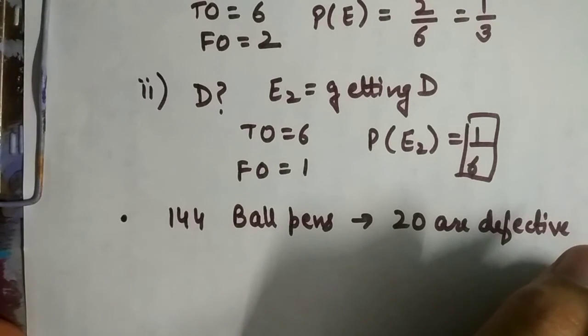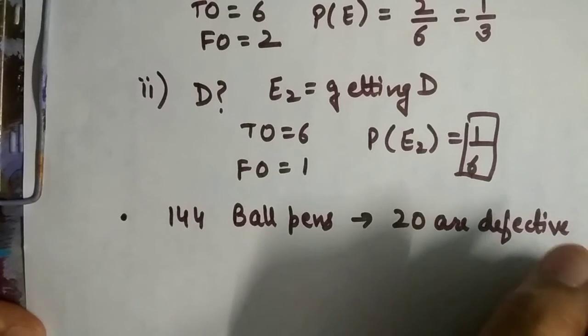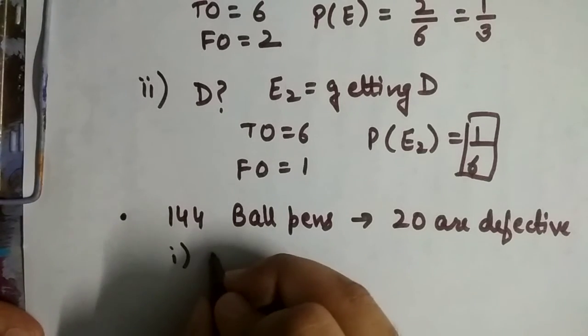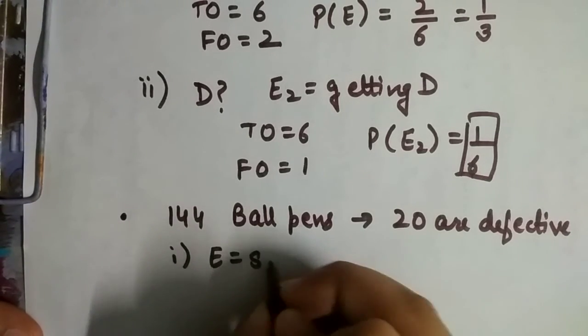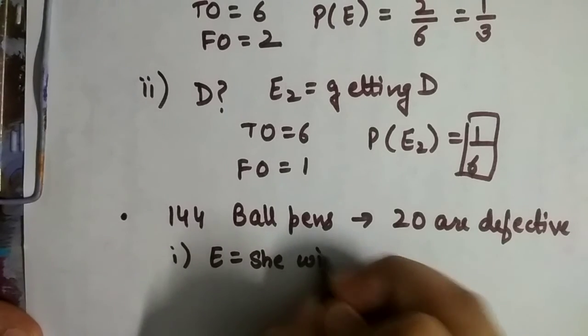Noori will buy a pen if it is good, but will not buy if it is defective. The shopkeeper draws one pen at random and gives it to her. What is the probability that she will buy it? We have to find the probability that she will buy the pen.